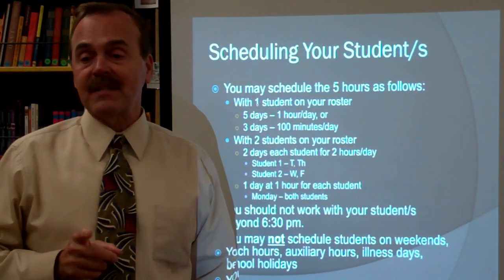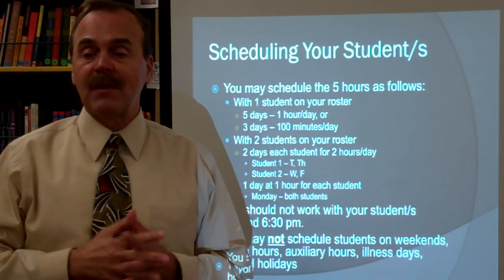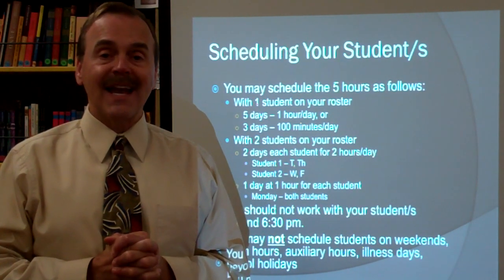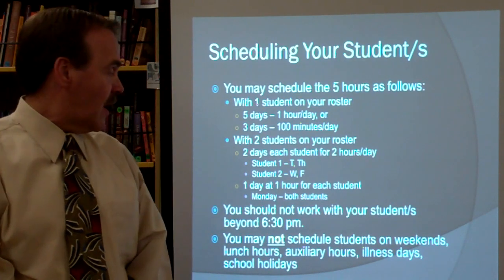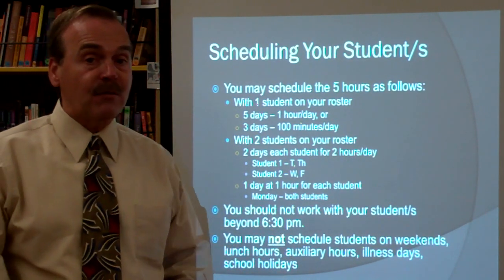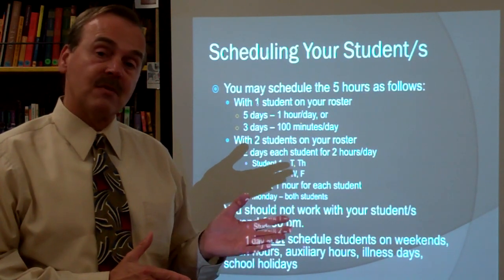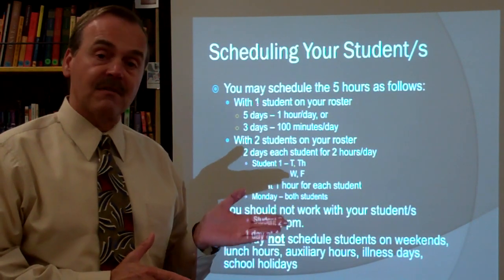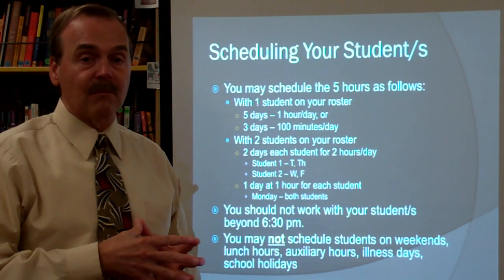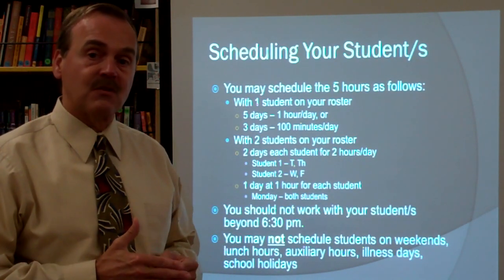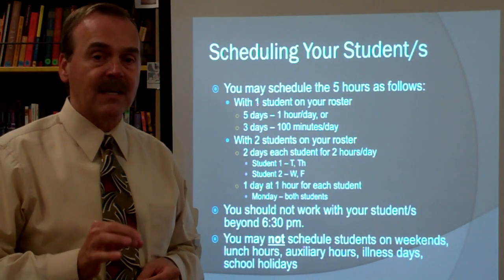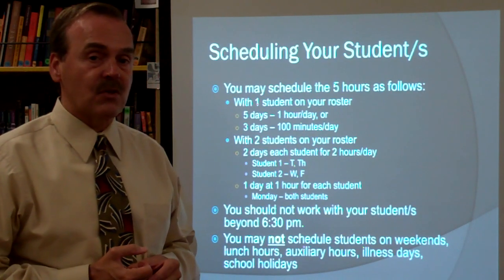Now, a couple of things that I want to say. I've already been through the first few bullets on here, but you should not work with your student beyond 6:30, and preferably you should be working with your students during the hours of 3 p.m. to about 6 p.m. In certain circumstances you might have to go over to 6:30, but you really should not be in a student's home beyond 6:30.